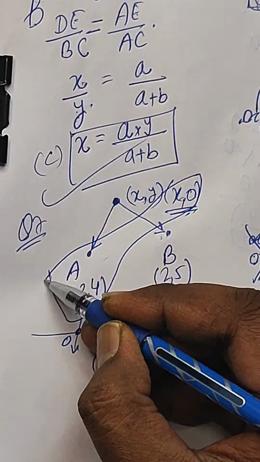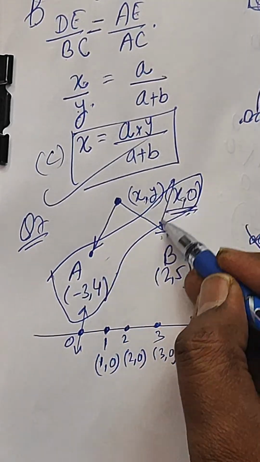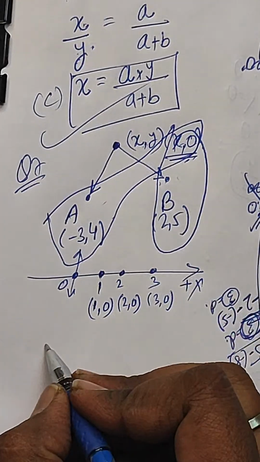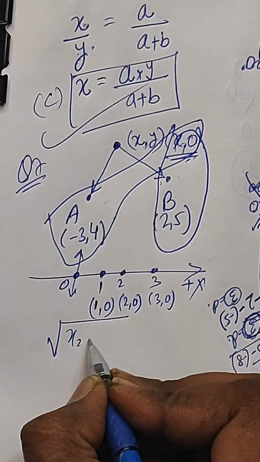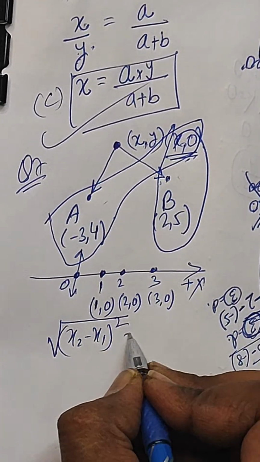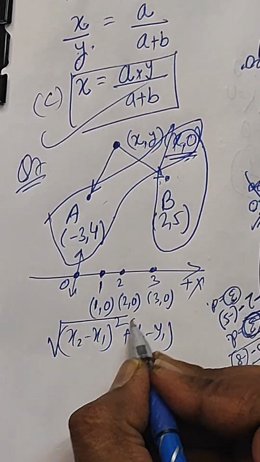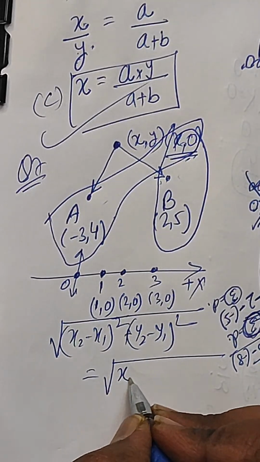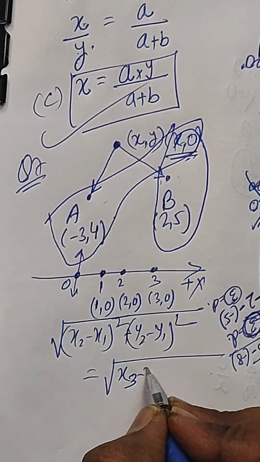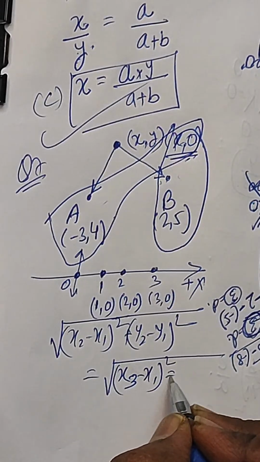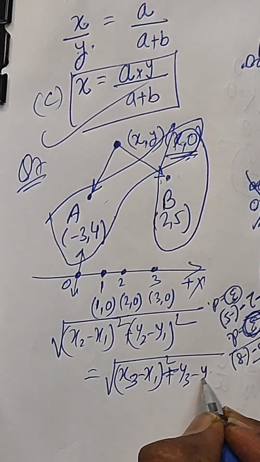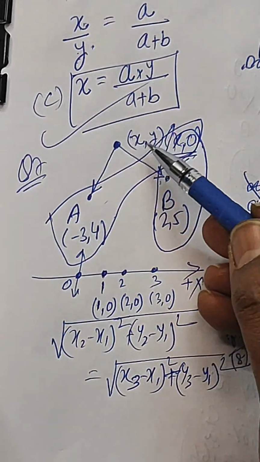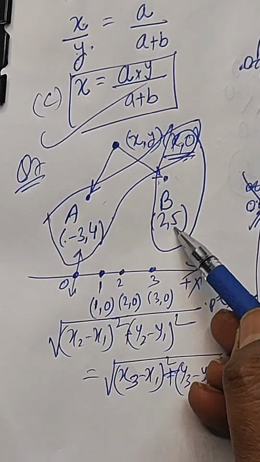And just solve it. So in one line it will be solved. This distance will be equal to this distance, right? Just simple. Root over of x2 minus x1 whole square plus y2 minus y1 whole square is equal to root over of x3 minus x1 whole square plus y3 minus y1 whole square, where this one is x1 y1, and x2 y2 and x3 y3.